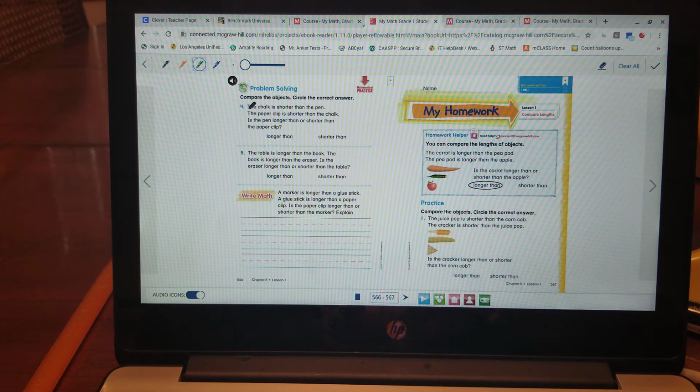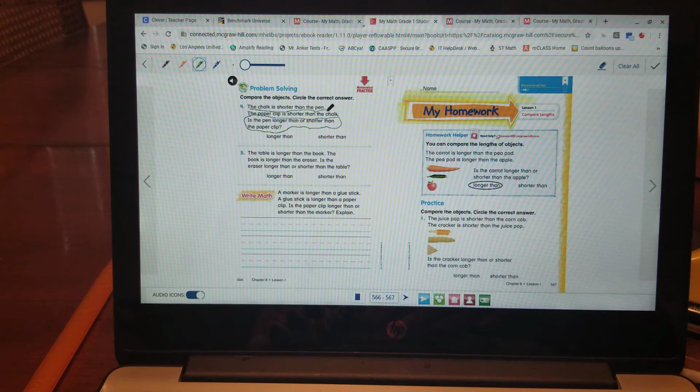So, we know this. And we know this, the paper clip is shorter than the chalk. This is what we need to find out. And we're going to circle our answer as well. Is the pen longer than or shorter than the paper clip?